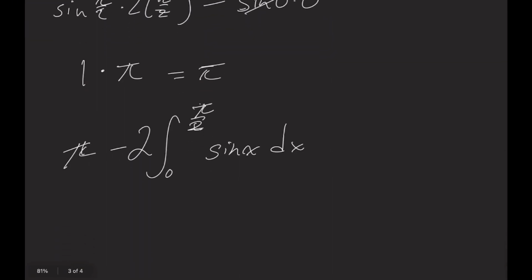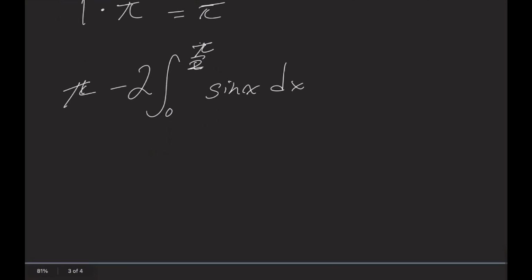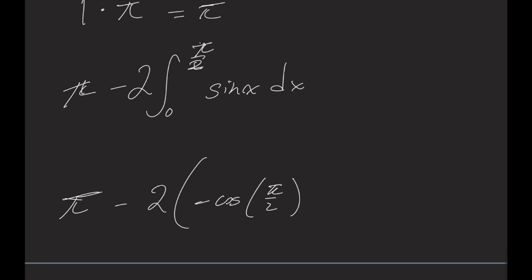And now, what is the integral of sine x? The integral of sine x is equal to negative cosine x. So we have pi minus 2 times negative cosine of pi over 2 minus negative cosine of 0.